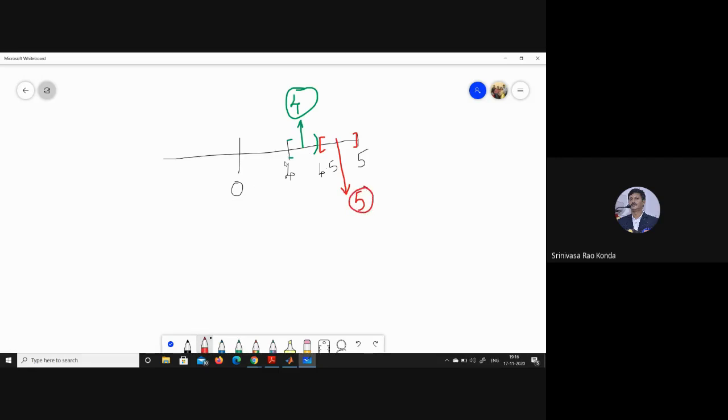If it is an integer, no doubt it will display as an integer. That's why I have taken a closed interval here. Here also I have taken the closed interval 4.5 to 5. It displays 5. That is about the round command.